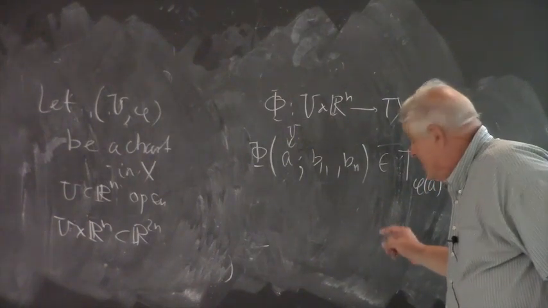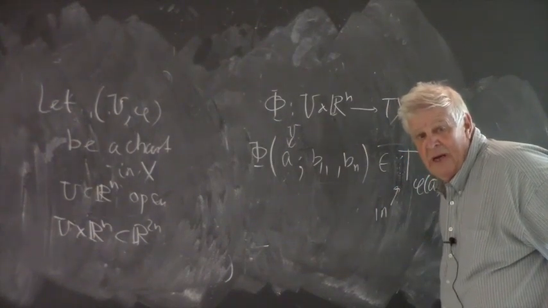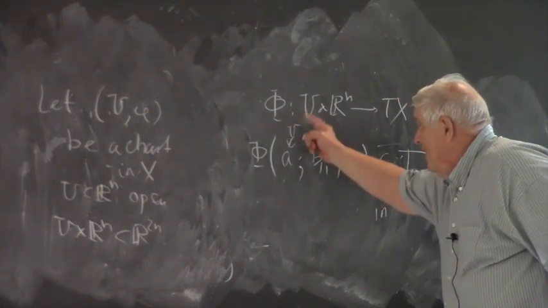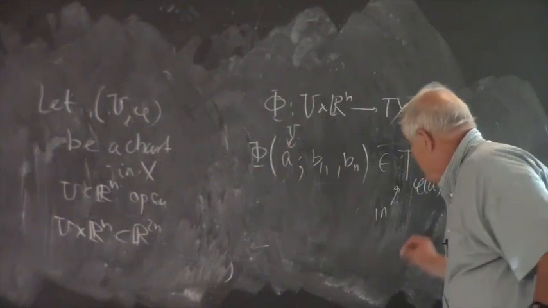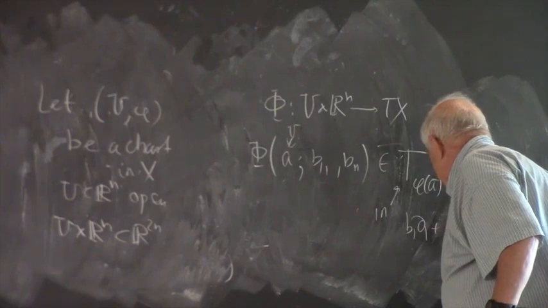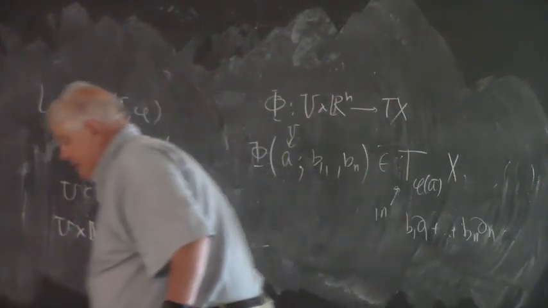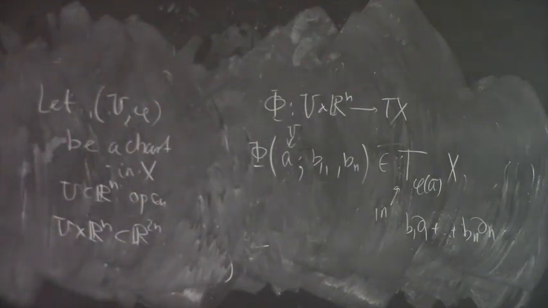And in this space we immediately have local coordinates, namely coordinates coming from U. This is b1 d1 plus ... plus bn dn. So a tangent vector is defined.